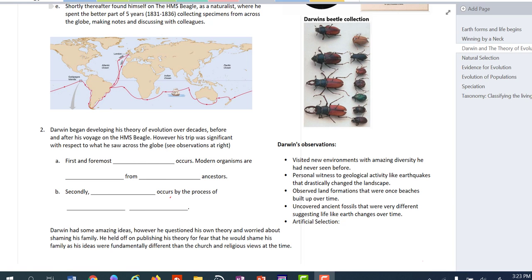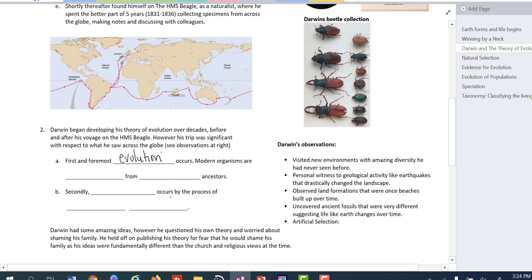So, throughout this voyage and the decades of research prior, Darwin believed first and foremost that evolution occurs. There was no question in his mind that evolution occurs.